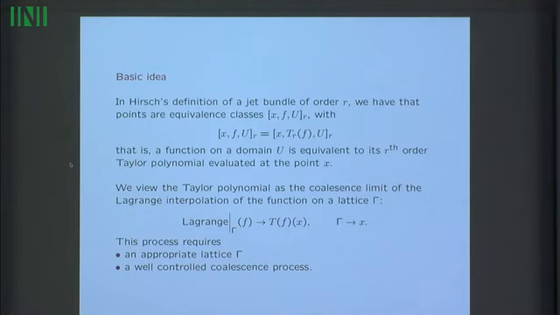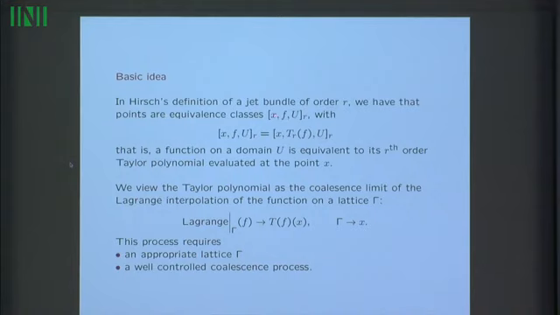So here, this is Morris Hirsch's definition of a jet bundle, and I guess it's quite an old textbook on differential topology. I think it's absolutely brilliant. I love this book. Anyway, what we have is a coordinate-free definition of the jet bundle, which is the equivalence classes. There's the point, there's my function, there's the domain, a little domain about x.